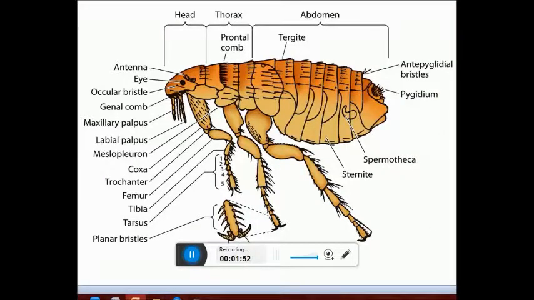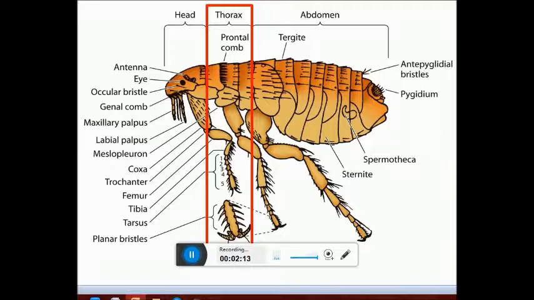Okay, next we move on to the thorax that consists of 3 pairs of legs, 1, 2, 3, inserted in the thorax, and each with a claw for better holding in the host hair or feather.